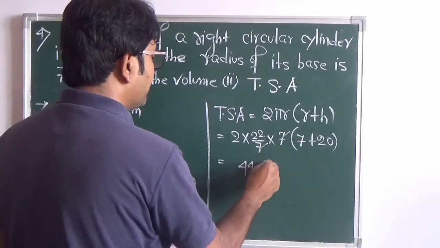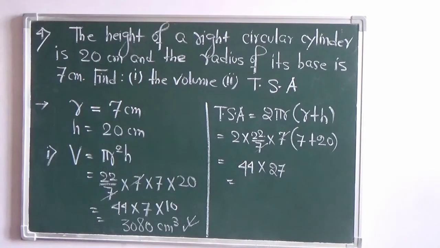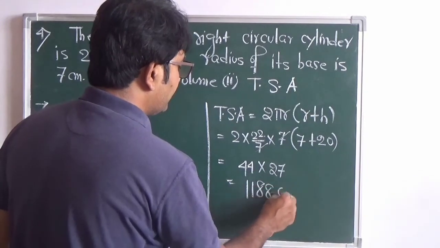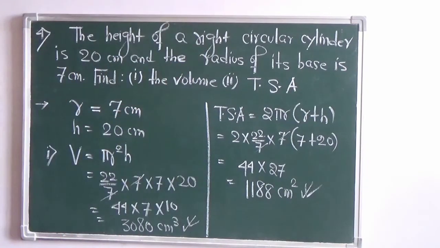This is 44 into 27, which is coming to 1188 centimeter square.